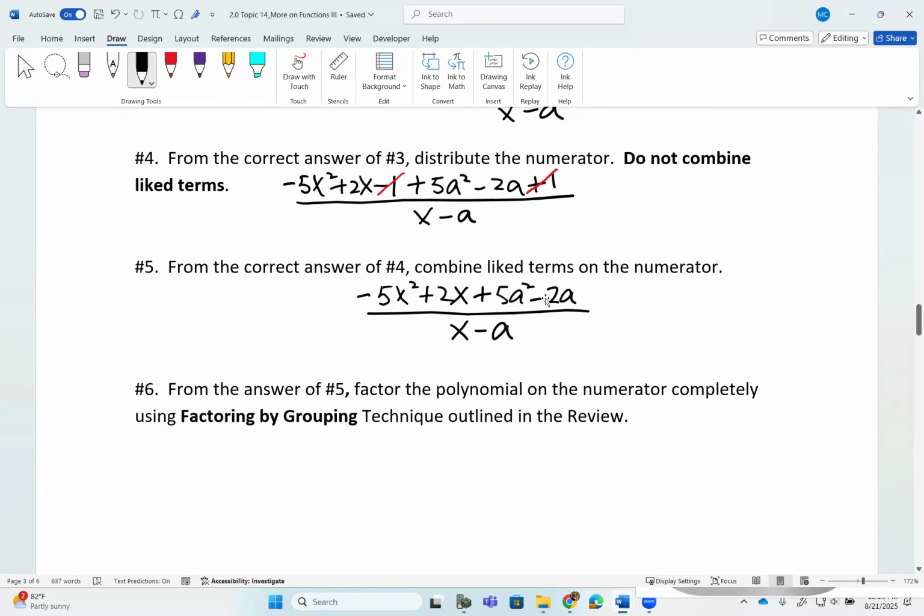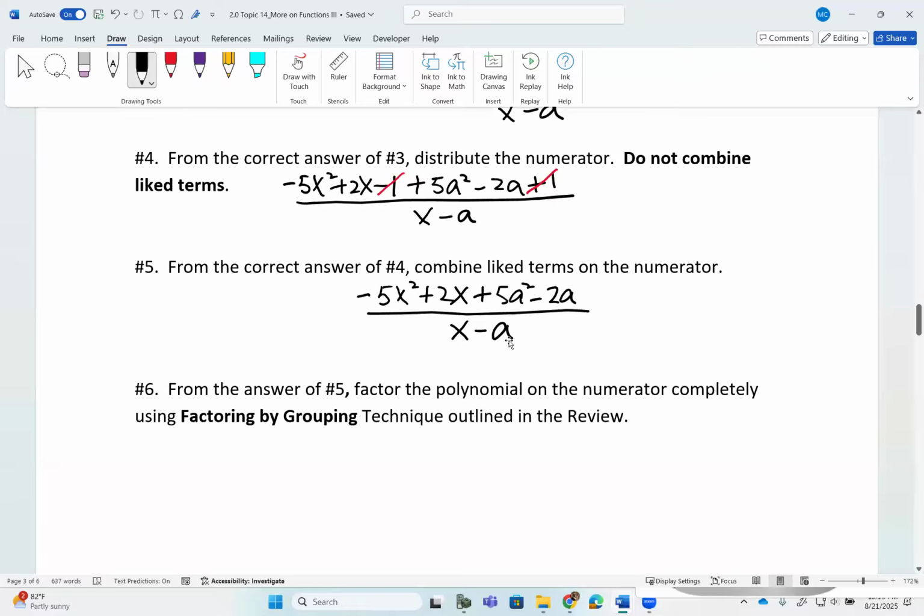But this problem is a little bit tricky because there are 4 terms on top, right? So we will need to do factoring by grouping. But how do I group my terms? Well, the denominator gives you the biggest hint. Denominator has x first and a next, right?